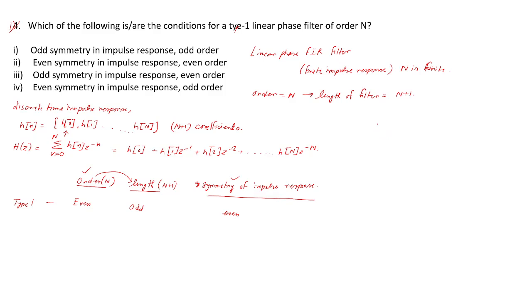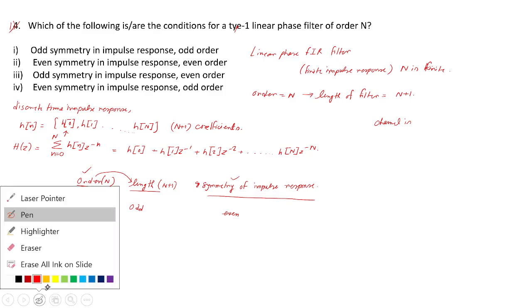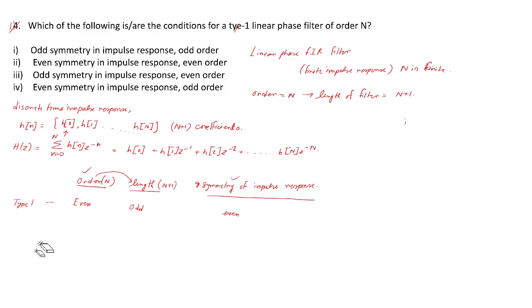Mathematically, for a filter of length N plus 1, this is the condition: h[0], the first coefficient, is equal to the last coefficient, the second one is equal to the second last, and so on. This is called even symmetry.